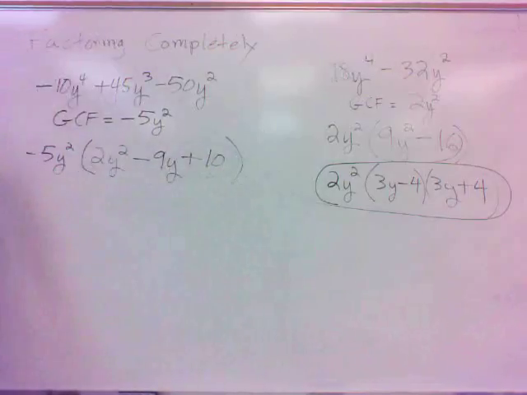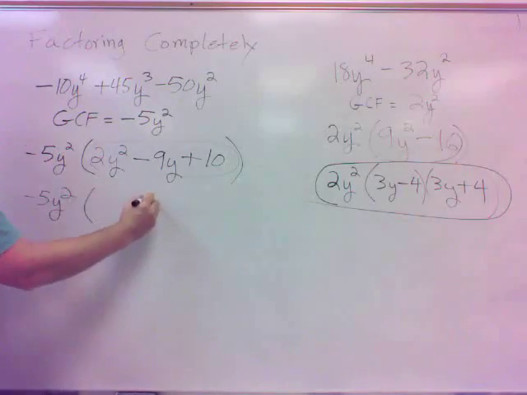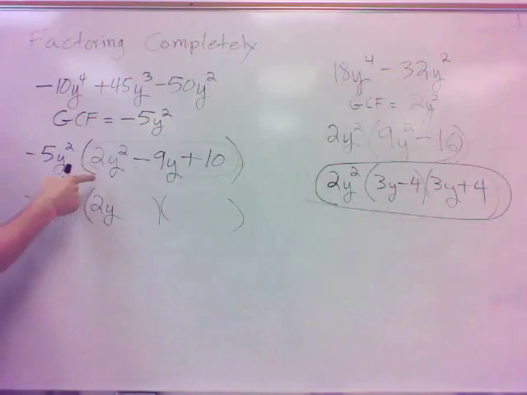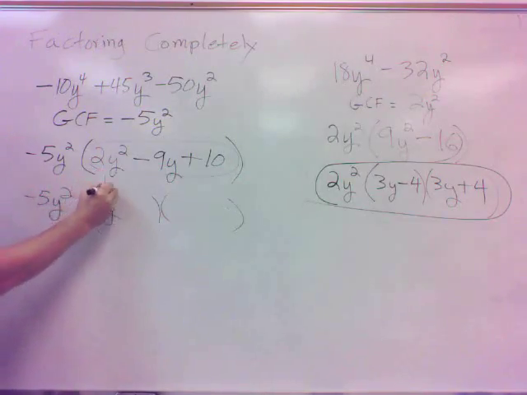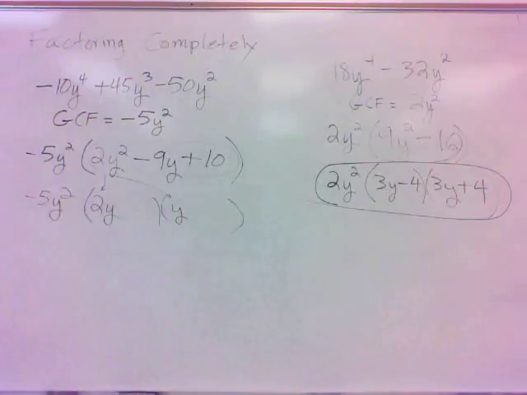Does this one factor, 2y squared minus 9y plus 10? And yes, of course it does. That's why I'm doing it here. Now this is a 2y squared, so I've got to do a little trial and error. It's 2y and y for 2y squared.